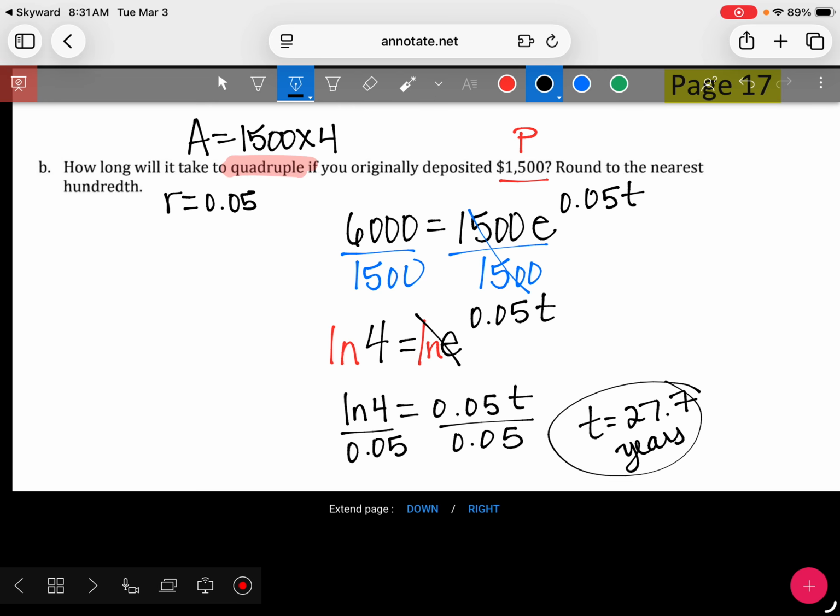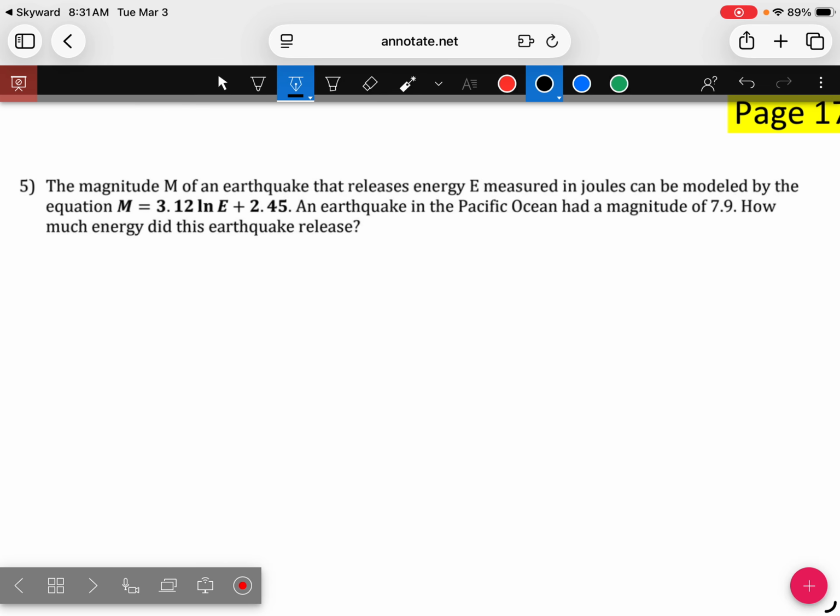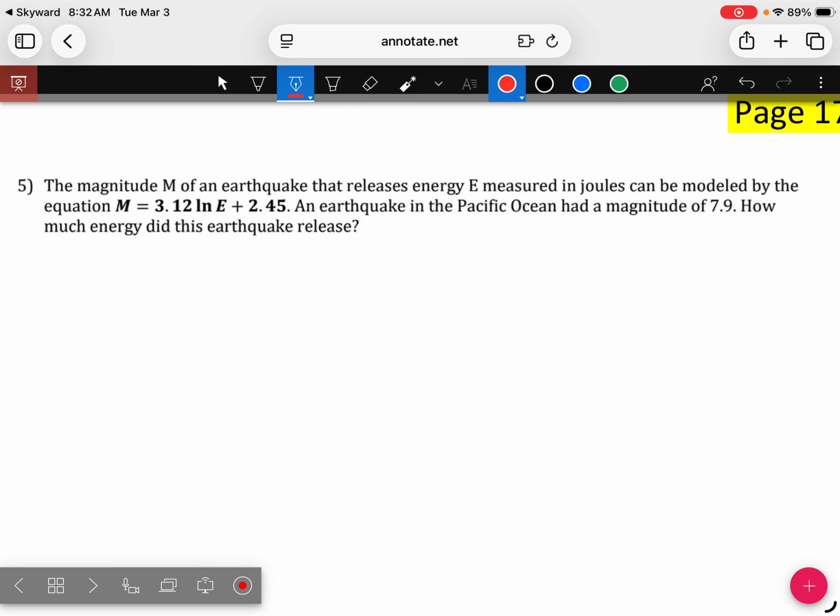All right, let's go ahead and look at number 5. 5 says the magnitude M, so this is important. Magnitude is M, of an earthquake that releases energy, so this capital E is energy, measured in joules, can be modeled by a formula.